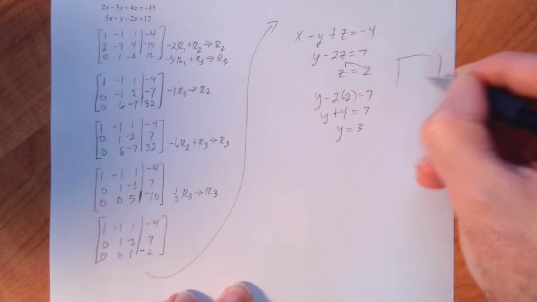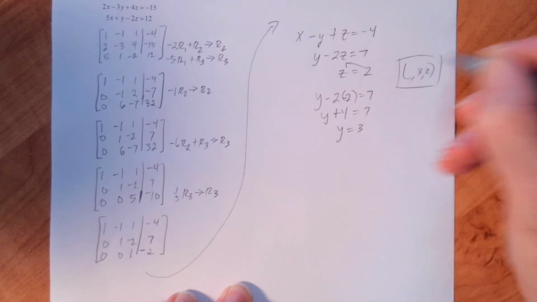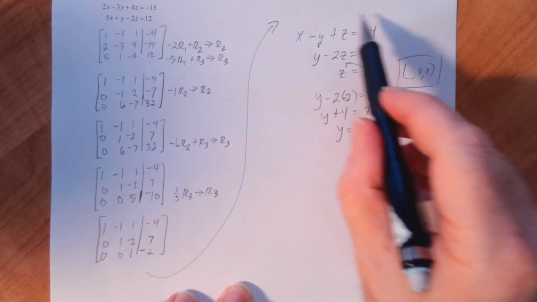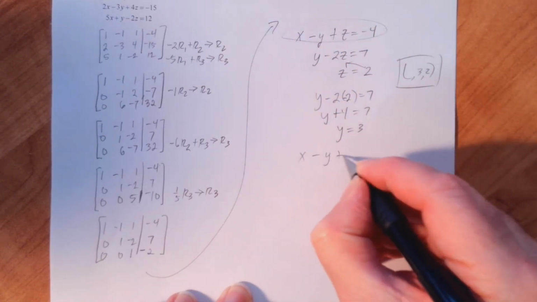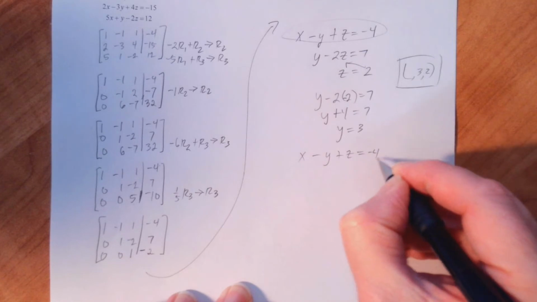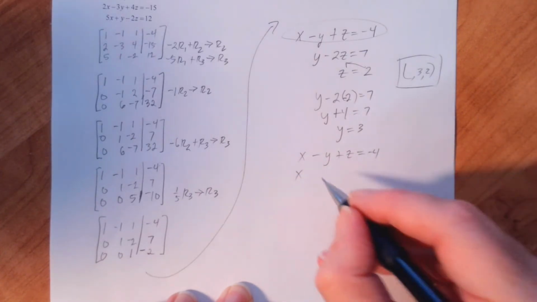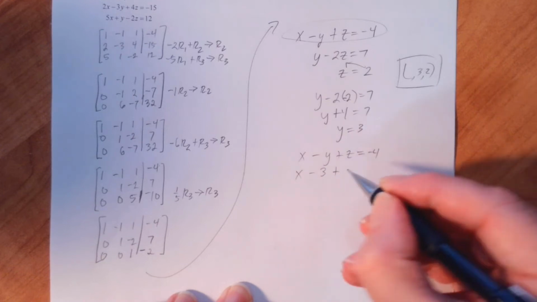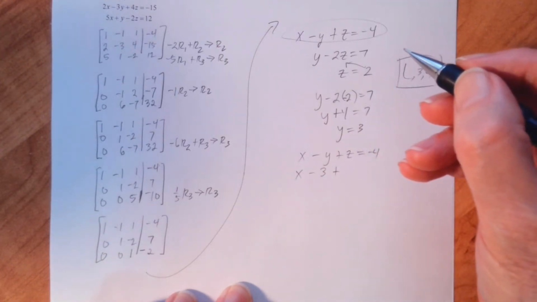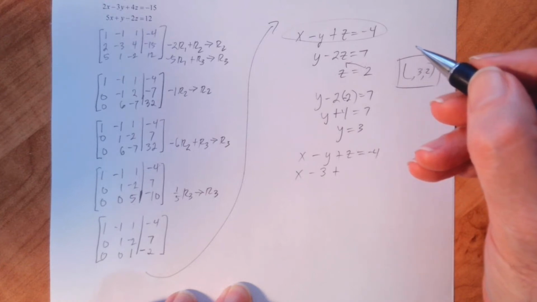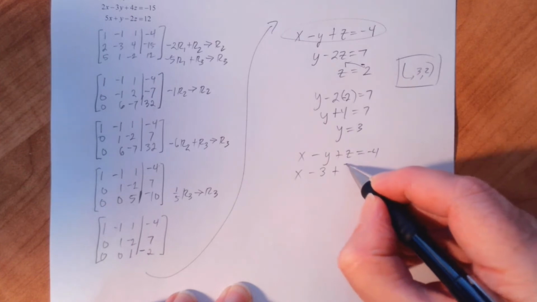So far, we know z is 2, y is 3. Let's use this first equation to find x. So we can plug in 3 for y, and, whoops, this is negative 2 here, and negative 2 for z.